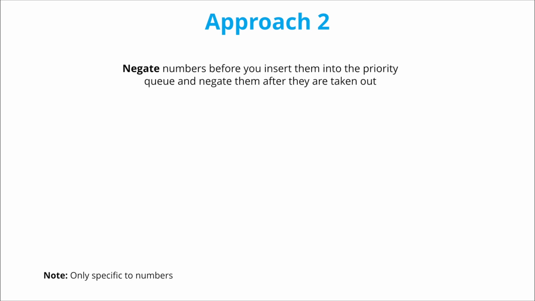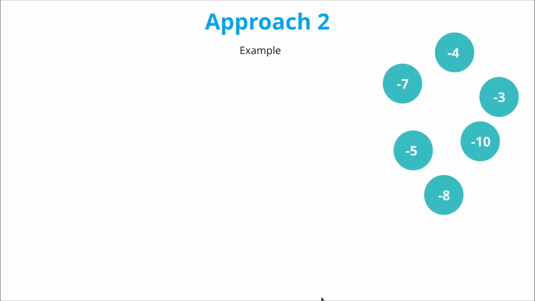Okay, so that is the only limitation that we have here. So let's check out how this works. Okay, so over here you can see that we inserted all these elements in their negative form. Okay, so now if I call the first poll operation, I'm going to have minus 10.